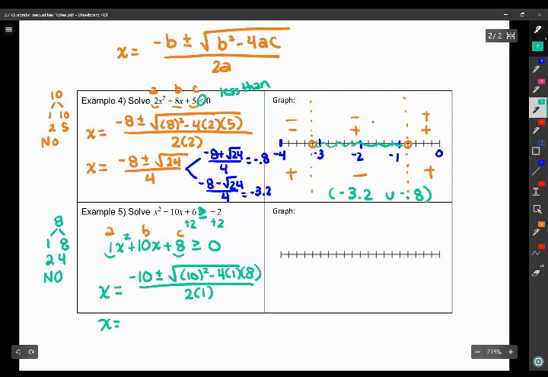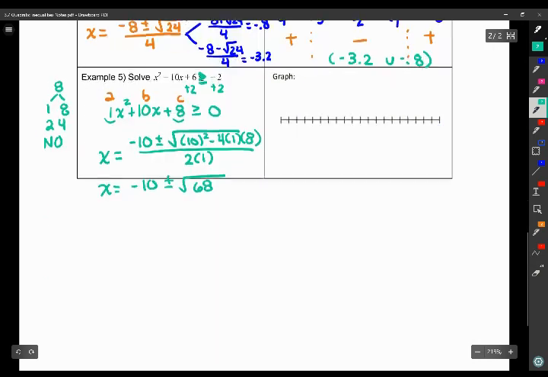And so as I do that, I get negative 10 plus or minus. I'm going to put those values in. So I put what's underneath the radical into the calculator and I get 68. And then we're going to divide the whole thing by 2 times 1, which is 2. Again, this breaks down into 2 problems.